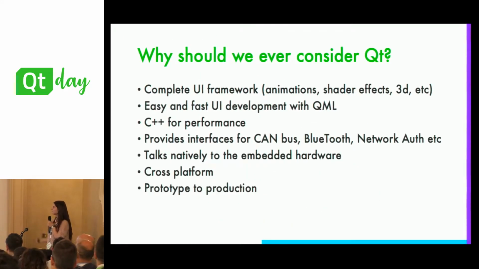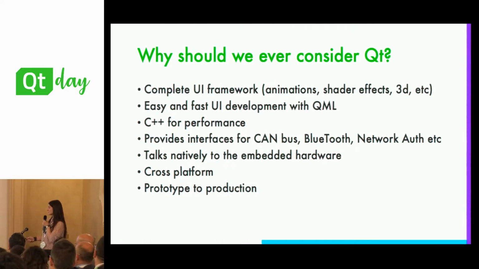And some of the basic points, as Tiago said this morning as well: it's not only about graphics, it's a complete UI framework, supports animation, shader effects, 3D, etc. It has QML, so that enables us to develop the UI fast and easily and also iterate with the designers this way. It has C++ also for performance. We really need the performance for such a complicated system.